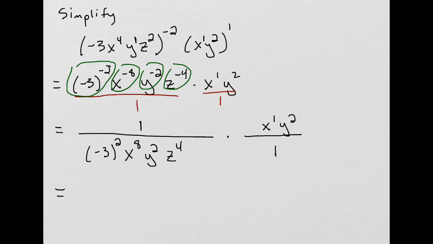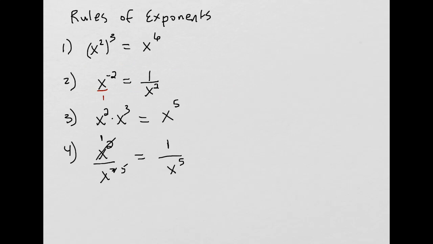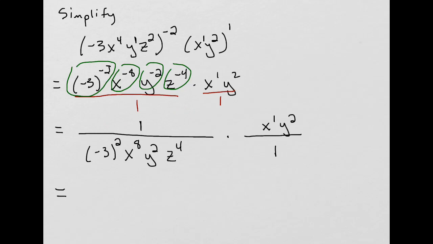Okay, third step. If I look back at my rules, the third step is I'm looking at multiplying stuff together. So whenever I'm multiplying like bases together, I add the exponents. Well, if we look back to the one we're doing, when I multiply these two fractions, that just means I'm multiplying my tops and I'm multiplying my bottoms. If I multiply my tops together, there are no like bases there.